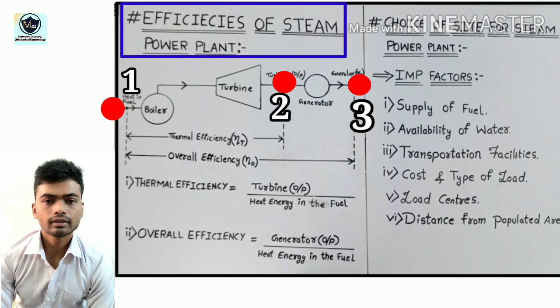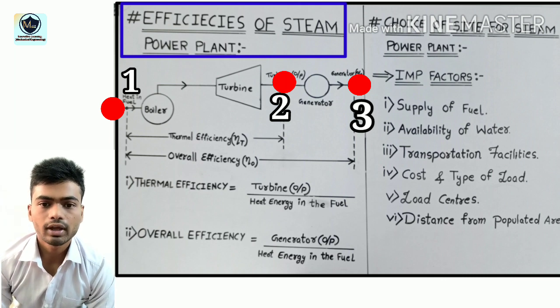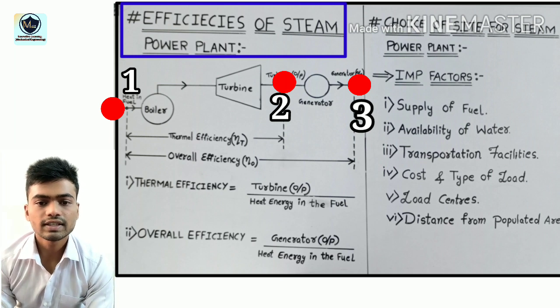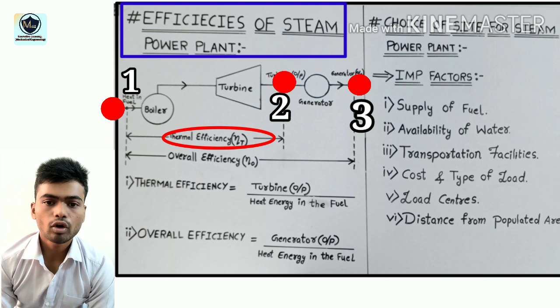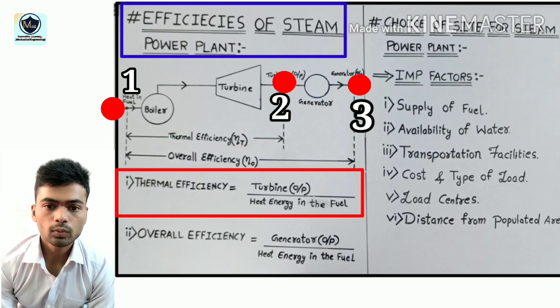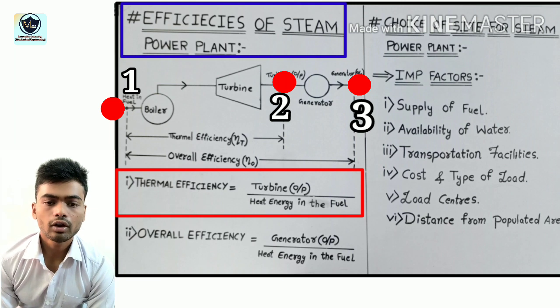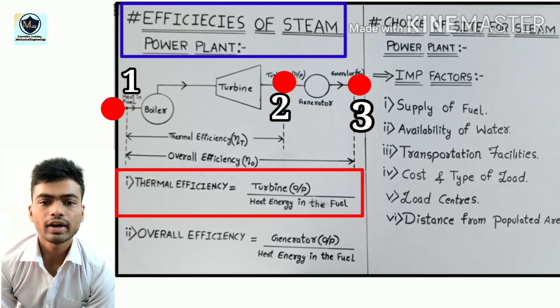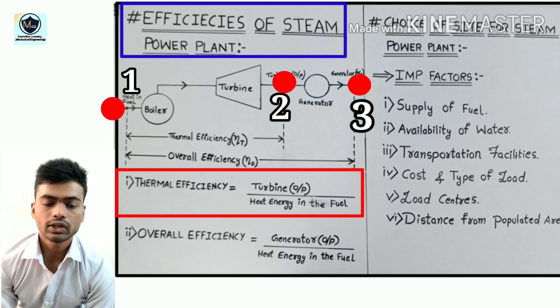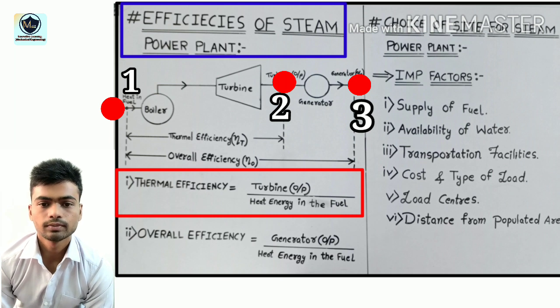When we apply the general efficiency formula, that is output energy by input energy, thermal efficiency is considered between points 1 to 2. So when we apply the formula in thermal efficiency, we get turbine output to the heat energy in the fuel. So thermal efficiency is defined as the ratio of turbine output to the heat energy in the fuel as an input.